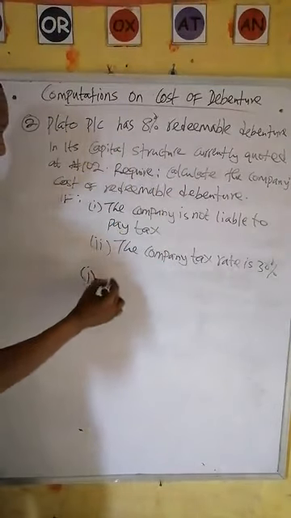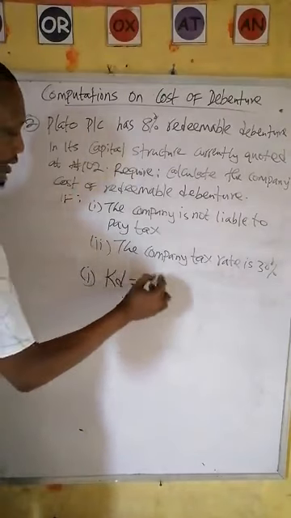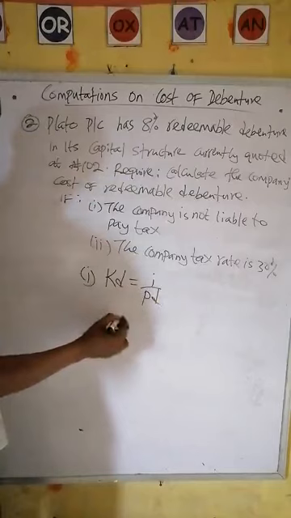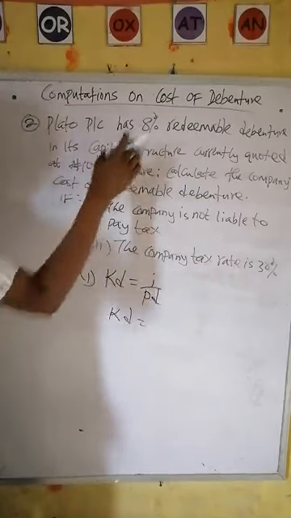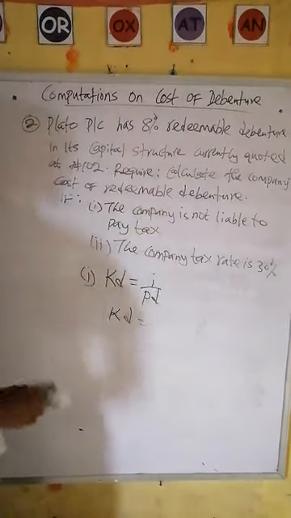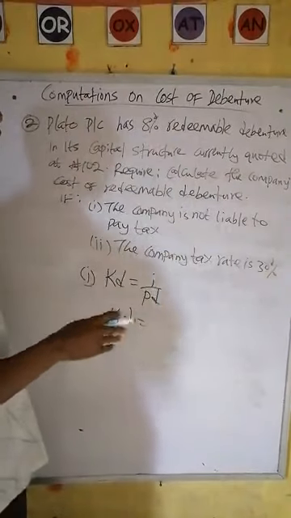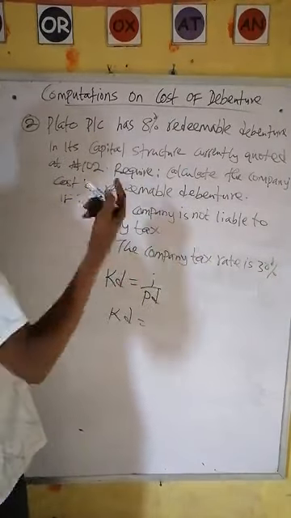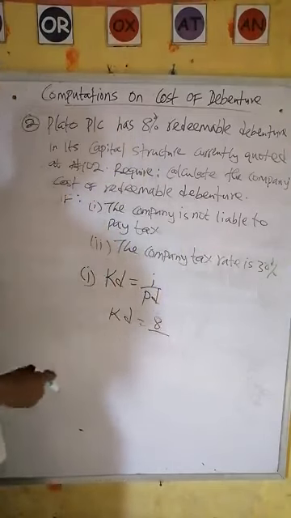So the formula I'm going to use is Kd = I / Pd. What is our interest? 8. Just pick the value 8 straight, because it is 8% multiplied by 100, the nominal value of the debenture, so you still have 8. So it is 8 over the price of debt.